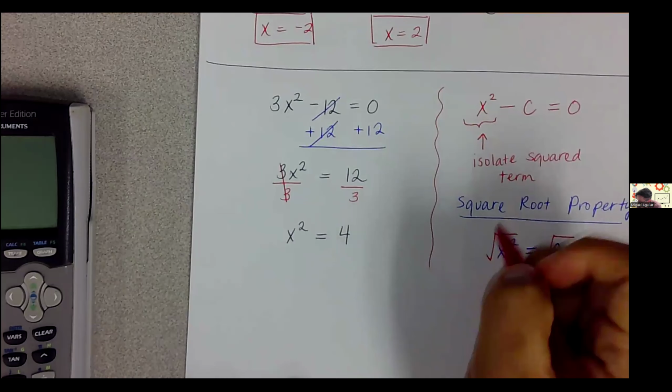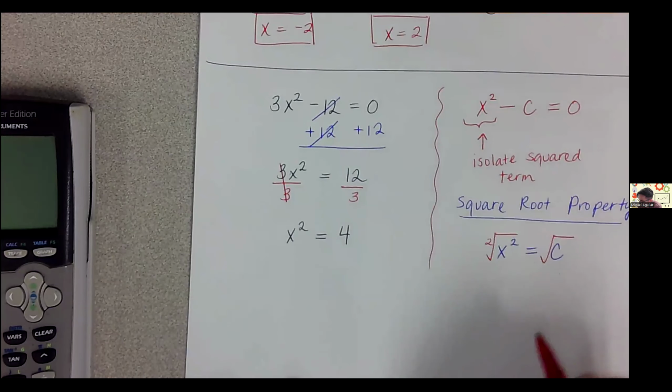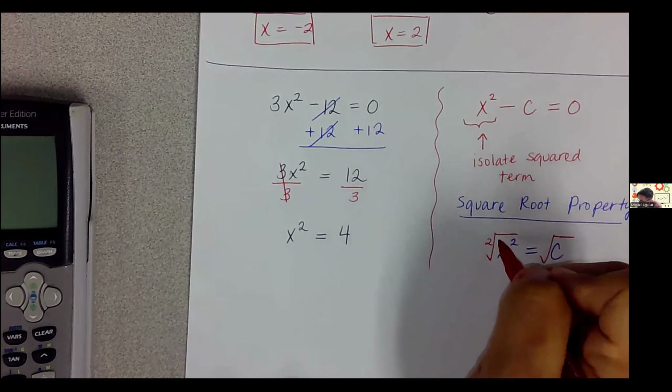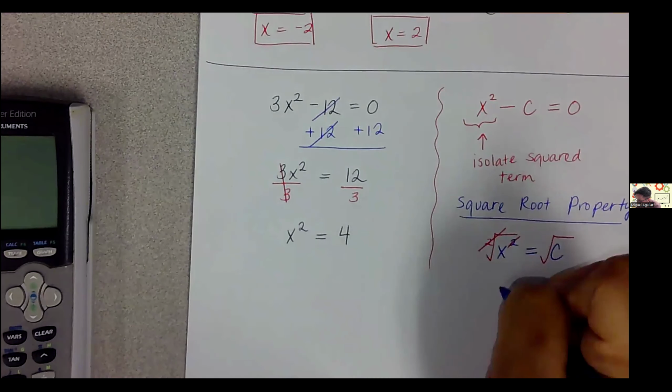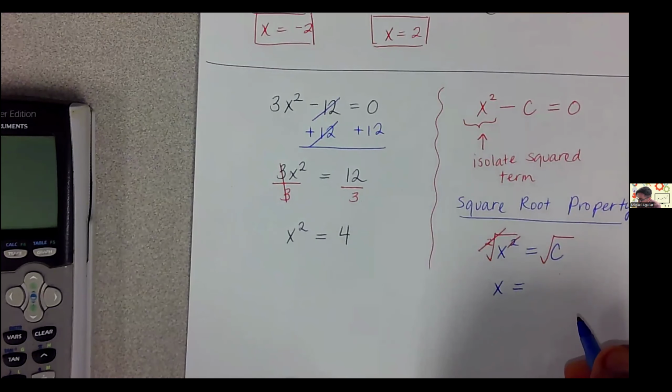Because the square root has an index of 2, the square root and the second power, the square, cancel each other out. So what we'll be left with is x is equal to whatever the square root of c is, I'm going to leave that as the square root of c for now.